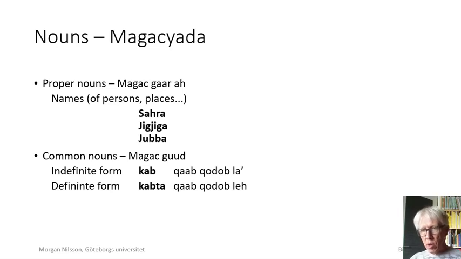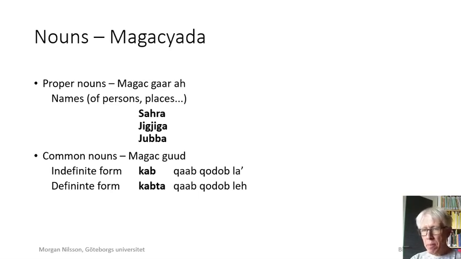Let's start with maybe the biggest word class in Somali and in many other languages, nouns. So a noun, magac, and plural nouns, magacyo, magacyada. We have two important subtypes of nouns.